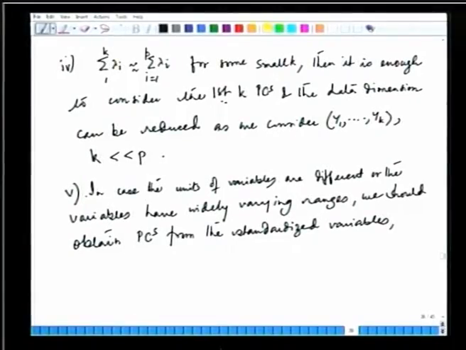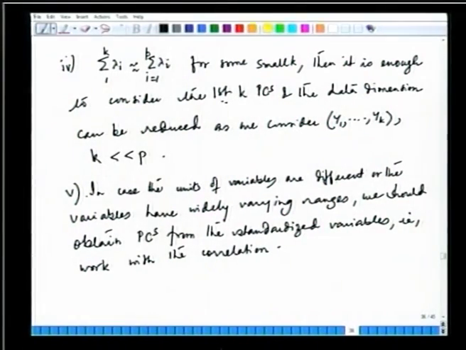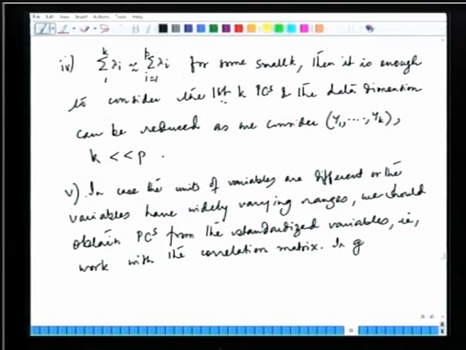This is obtained from standardized variables, so we work with the correlation matrix instead of the covariance matrix. Now, the question remains: will the principal components be the same if we work with the sigma or the rho matrices? The answer is no, in general.